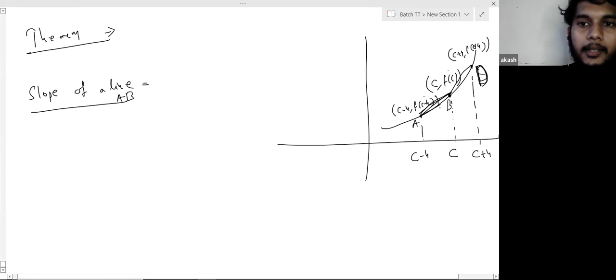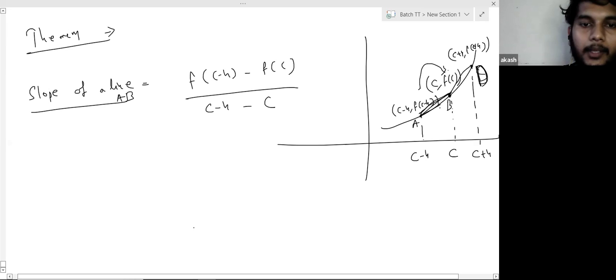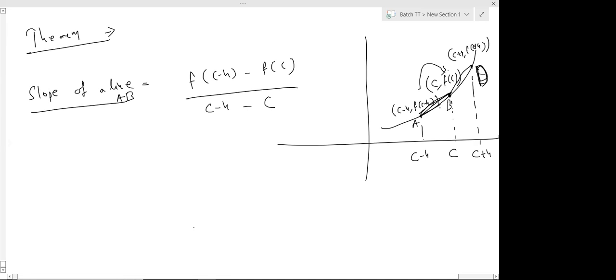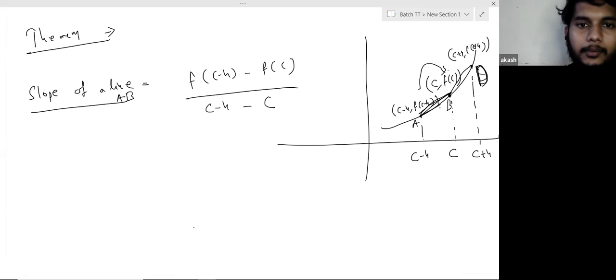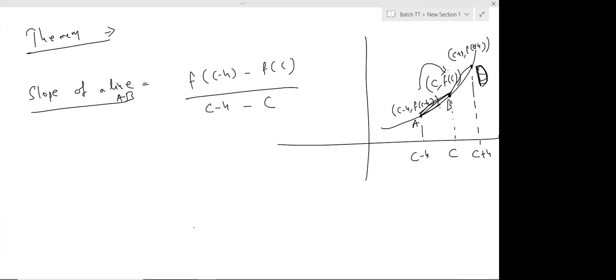So if I have to write the slope of line AB here, Y2 minus Y1, I can write f of C minus H minus f of C, upon C minus H minus C. Yes or no? We could write it either way around, right? Yes, you can write it either way around. No worries. All right.